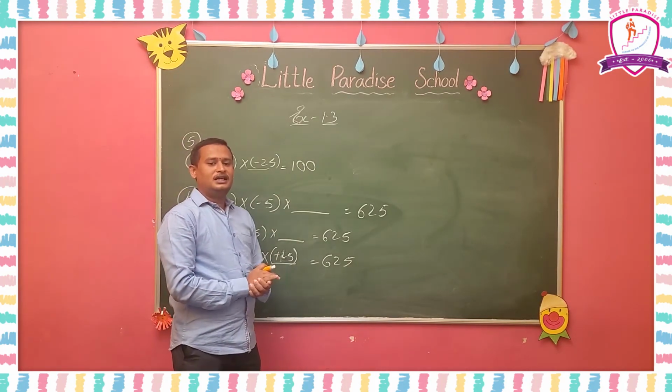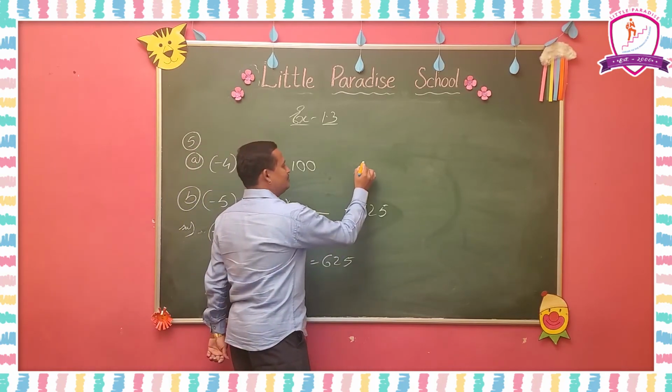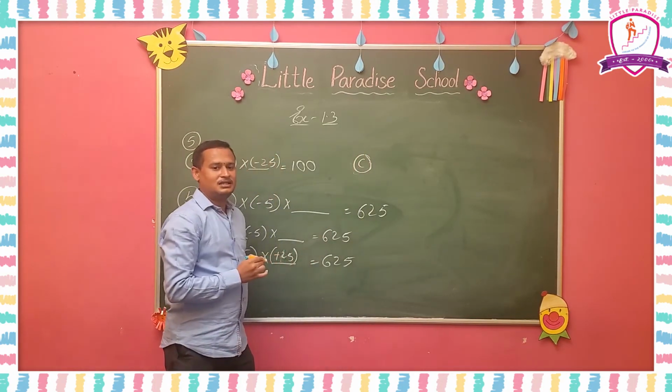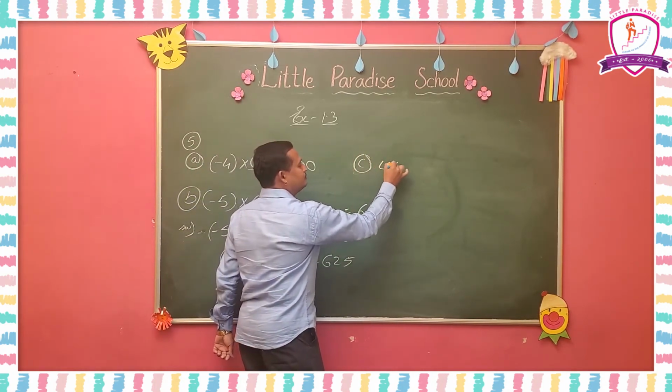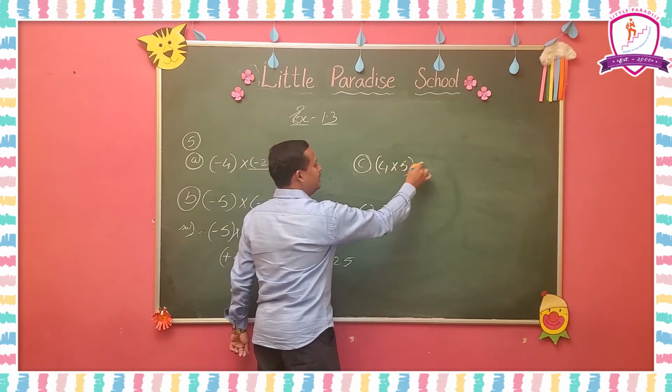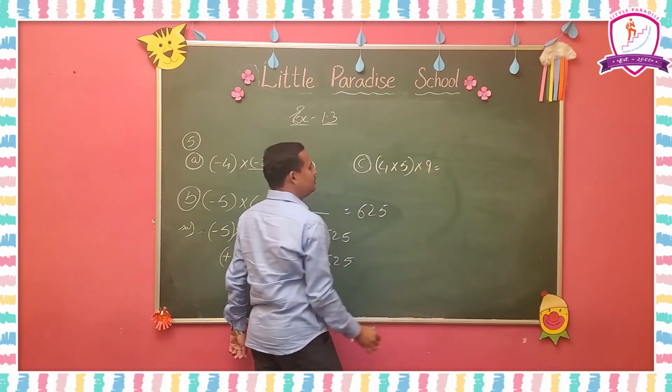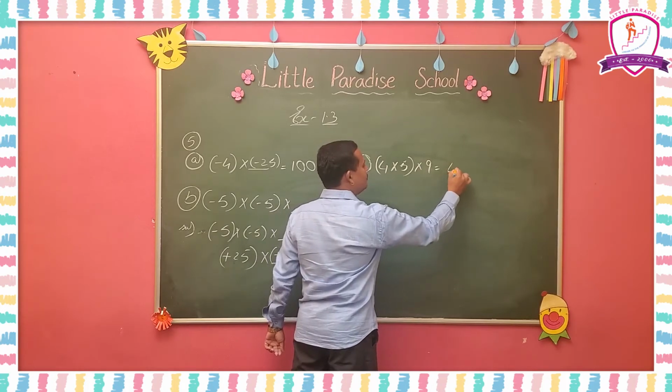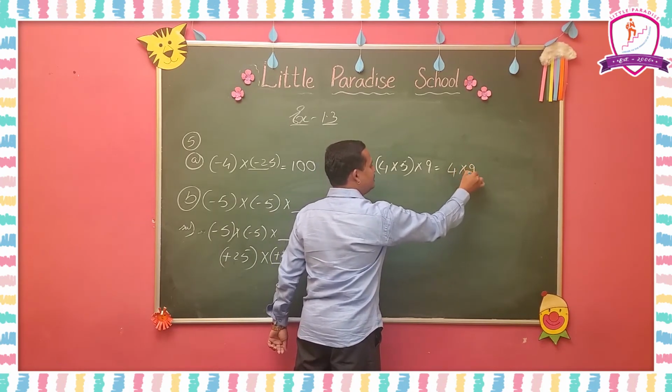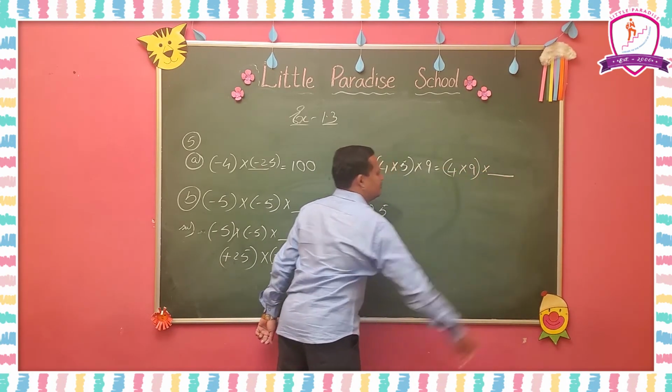So all of you see here, I am going to explain the fourth C sum. C sum in C, 4 into 5 into 9 is equal to 4 into 9 into dash.